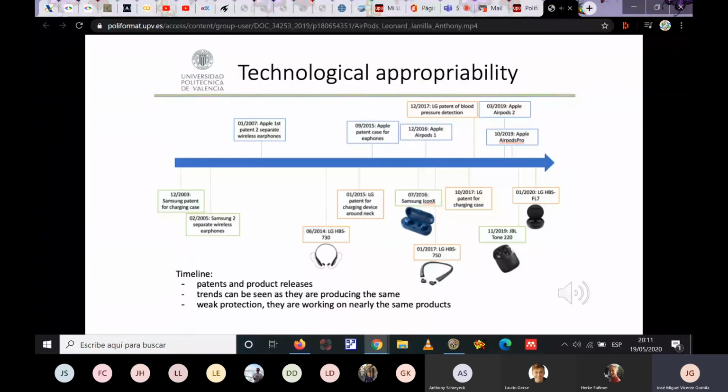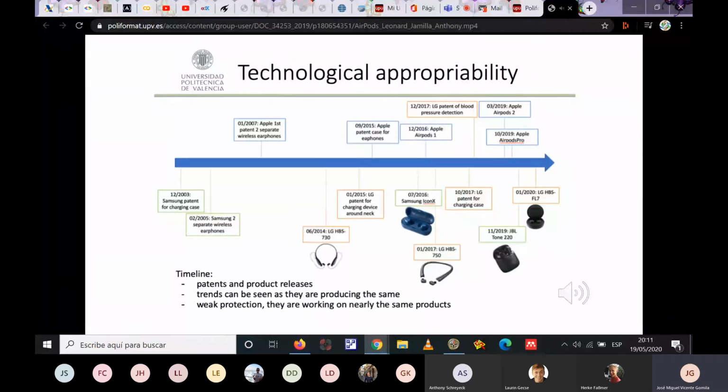Like you can see at the very top, there's LG patenting the blood pressure detection by wireless earphones, but those patents mostly occur in the ones for smartwatches. Only very few are in wireless earphones.